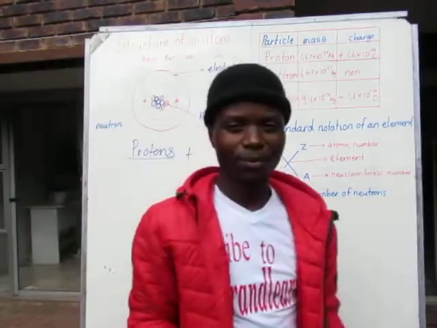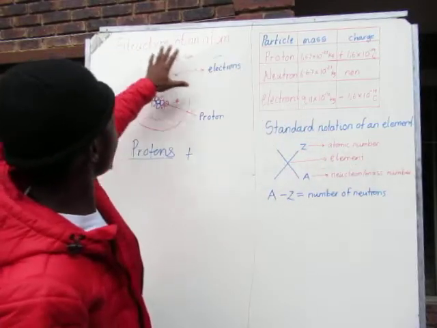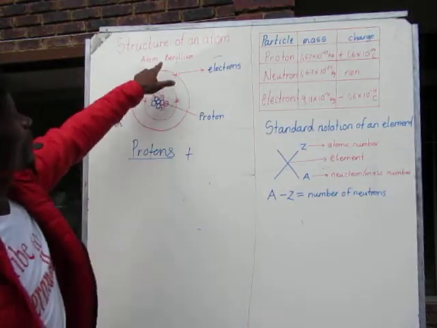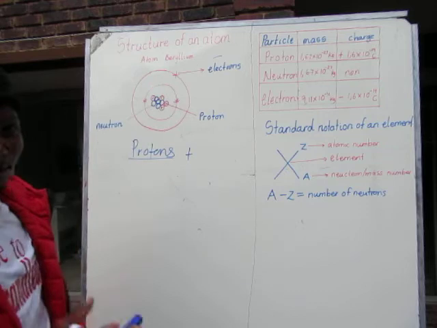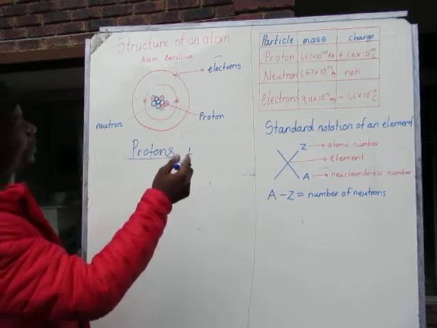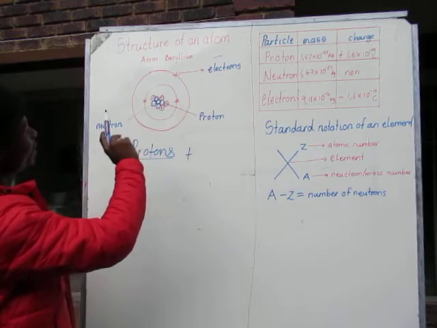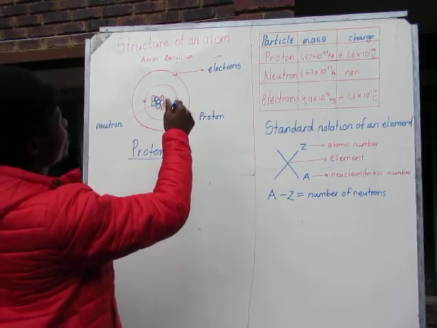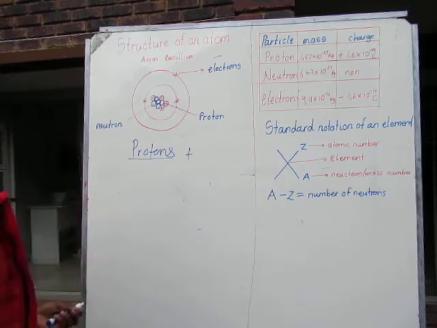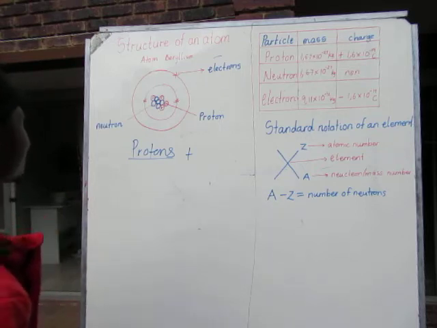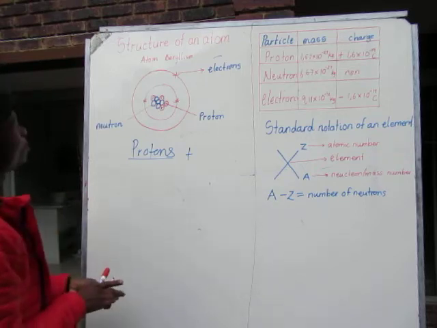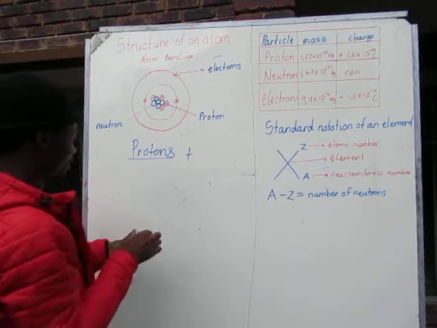How is that possible? Let us look at the structure of our atom. In this case, we're learning about the beryllium. Let's count the number of protons that we have here.